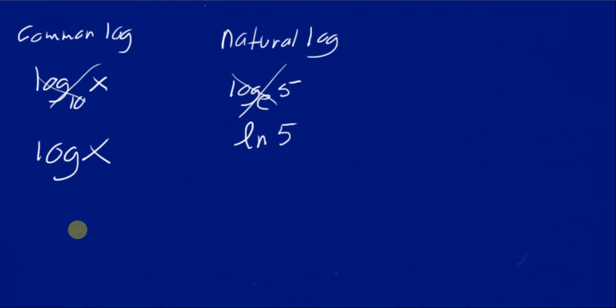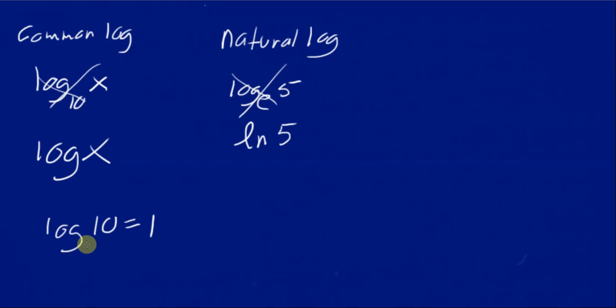All right, so what we want to do then is be able to evaluate these on our calculators, because these are the only two bases, the natural log of base e and the common log base 10, that our calculator recognizes. So if I would like to take the log of 10 on my calculator, again, we all have different calculators, but most of the time the log is on the left-hand side, and on most calculators you're just going to hit the log button and hit the number 10 and hit equals or enter, and it will tell you 1.